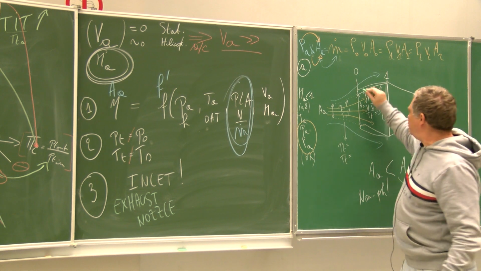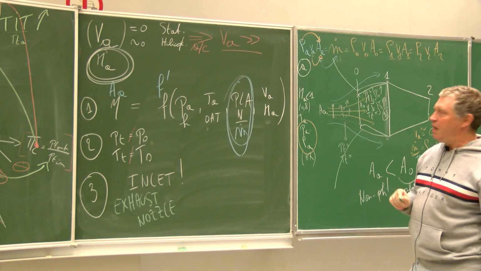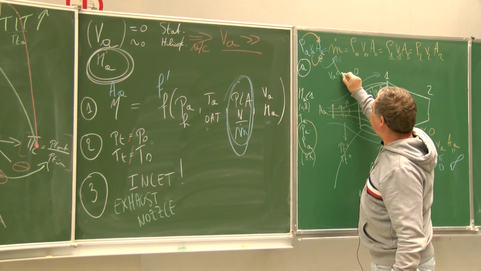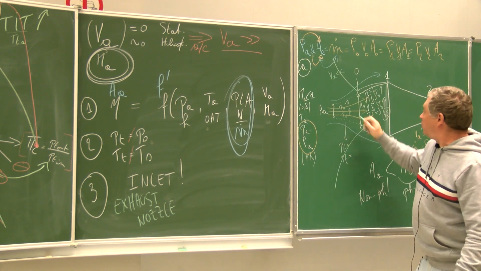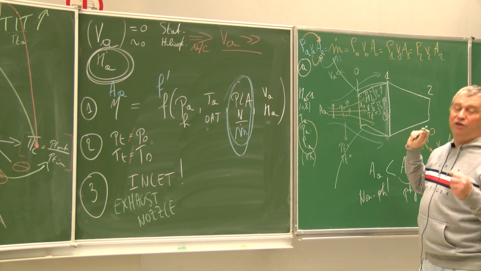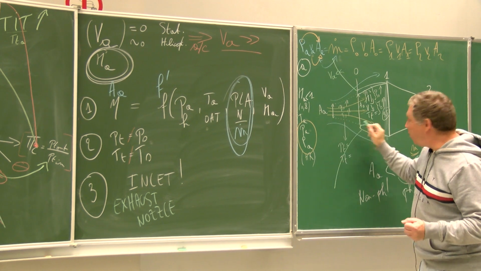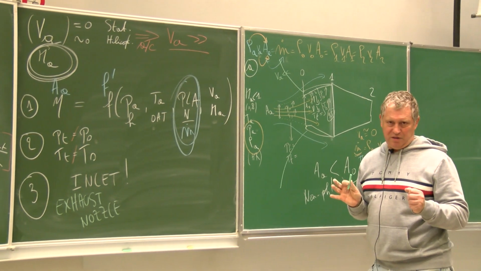totally. You can go from this type of flow when VA is very, very small, that is a pure convergent, non-physical convergent, to a flow that is a divergent.